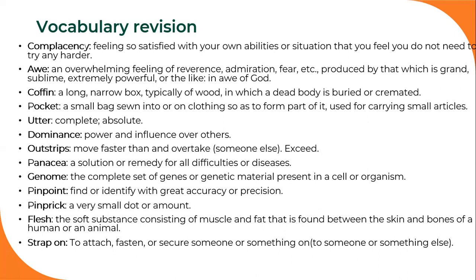So dominance, we understand it, is the power or influence that you have over others, okay? And outstrip is a verb. To outstrip a person or something is to move faster than that and exceed it, okay? So it's a synonym of exceed. Outstrip, exceed, exceder, right?